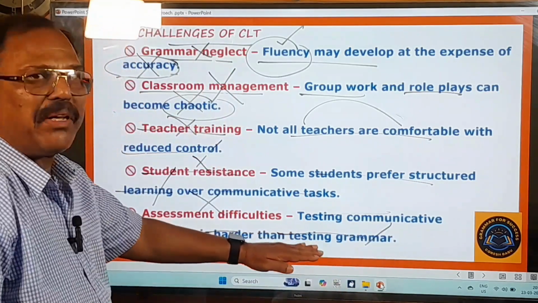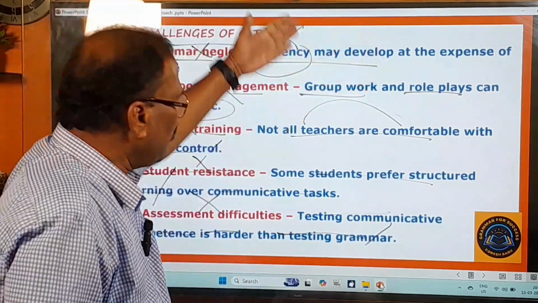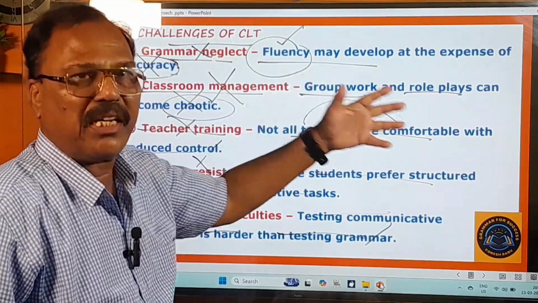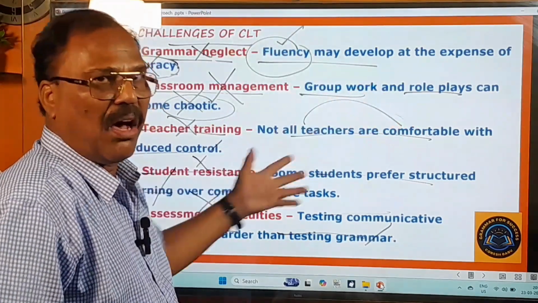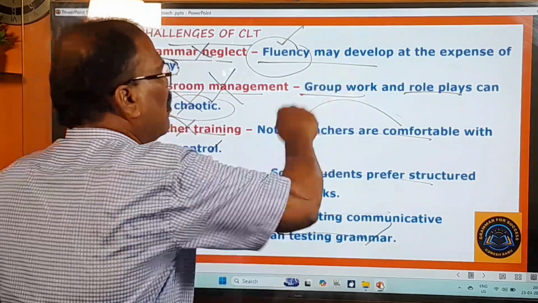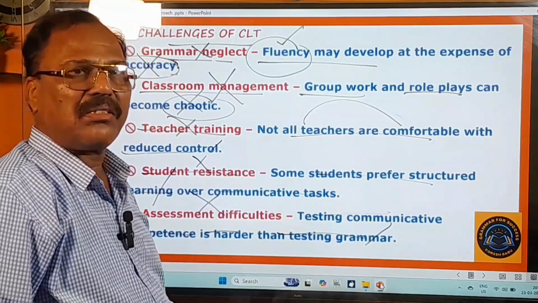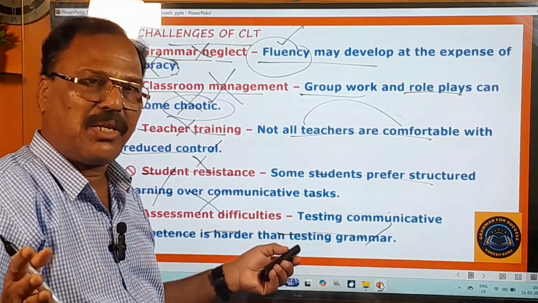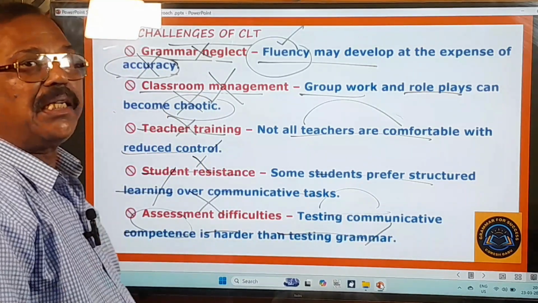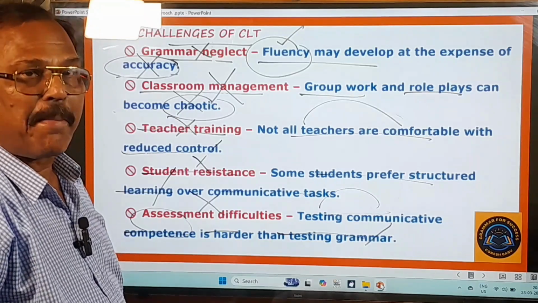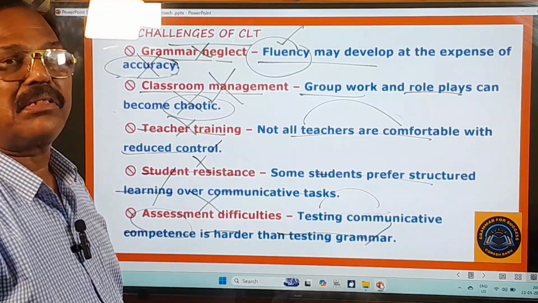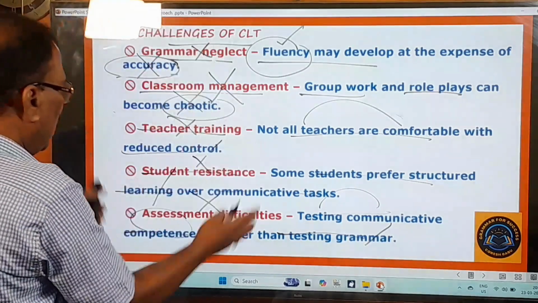Testing grammar is easy, because if 10 sentences are given and the students are asked to fill in the blanks with suitable tenses, prepositions or articles, they can do it very quickly, and the teacher can tick the right ones and cross the wrong ones very easily. But testing communicative competence is a little bit difficult for the teachers, and therefore assessment difficulties are also there in this CLT approach. So these are all the disadvantages.